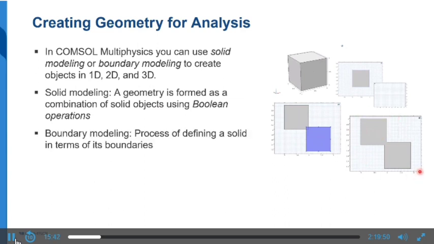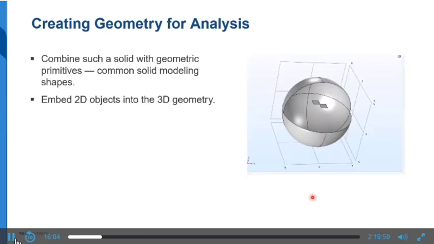Whereas if you are talking about boundary modeling, you will be creating a solid out of the boundary. For example, if you have a closed curve like this, from that closed curve you can create a solid object. That is, you can create a solid surface from that closed curve. So this kind of modeling is also possible in COMSOL.